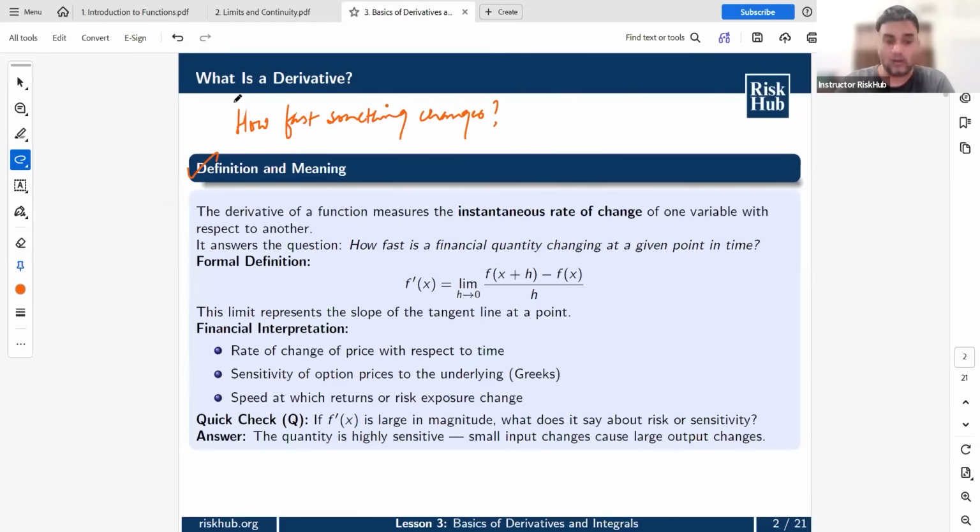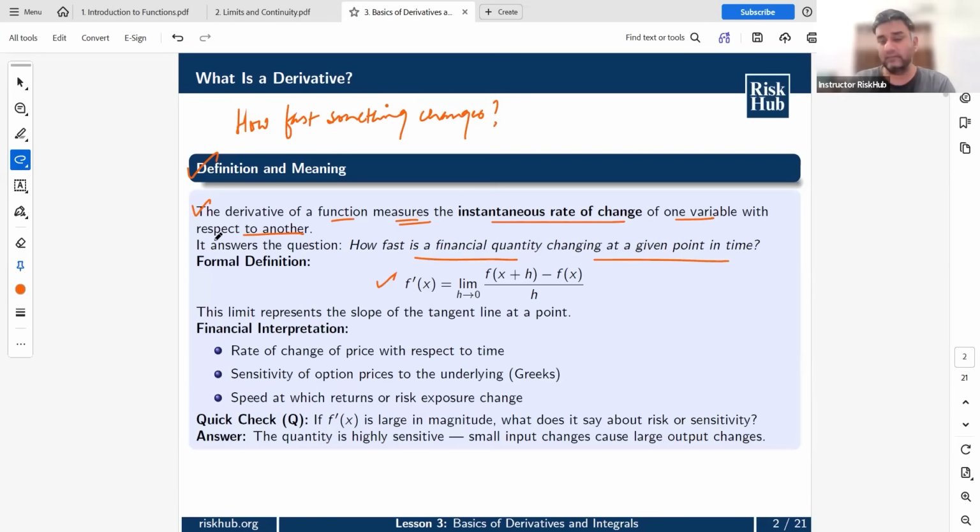How sensitive is an option to the underlying asset? How quickly is the risk increasing? The ideal tool for that is the derivative, because the derivative of a function measures the instantaneous rate of change of one variable with respect to another. It answers the question: how fast is the financial quantity changing at a given point in time?